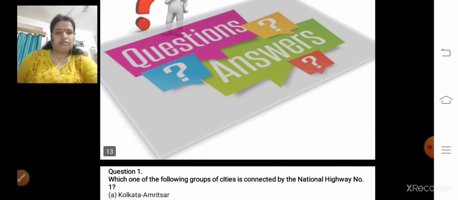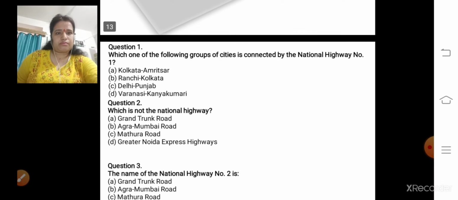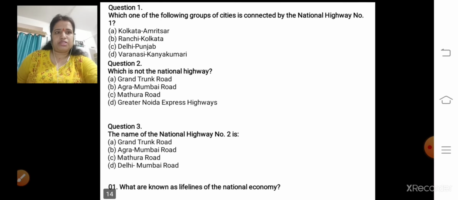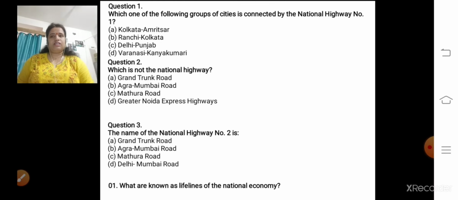Now we have covered this topic, and we will do a few questions. These are important MCQ-type questions asked from these topics. First: which one of the following groups of cities is connected by National Highway number 1? Which is not a National Highway?